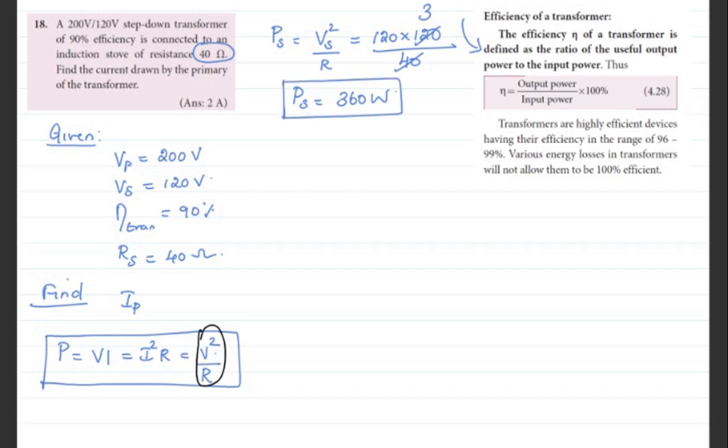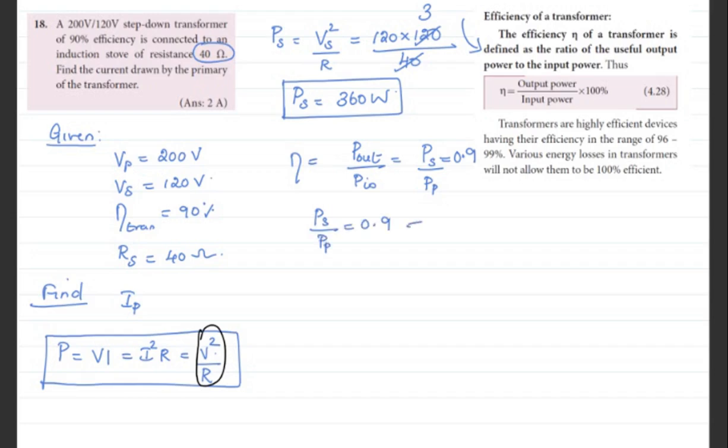Efficiency is equal to output power by input power. The output is taken from the secondary, so P secondary by P primary is equal to 90%, which is 0.9. So P secondary by P primary is equal to 0.9.